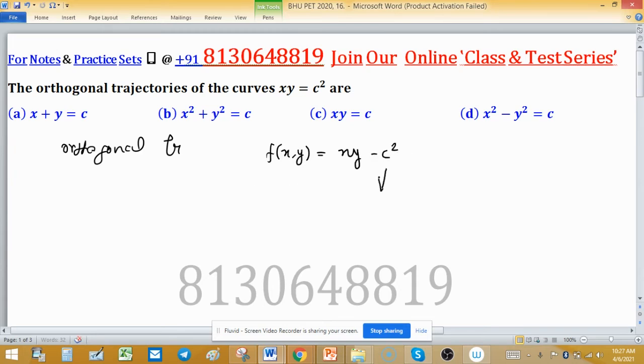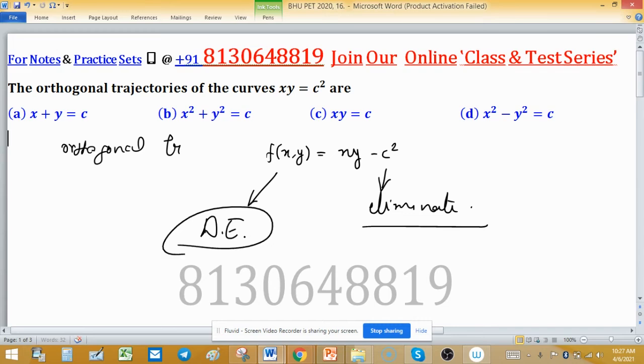So first eliminate this constant, and to eliminate this constant we need to differentiate this function, meaning we obtain a differential equation. And orthogonal trajectory means when two curves meet at a point and their tangents, suppose these two are tangents, are orthogonal, meaning they intersect at 90 degrees, then we say orthogonal curves.